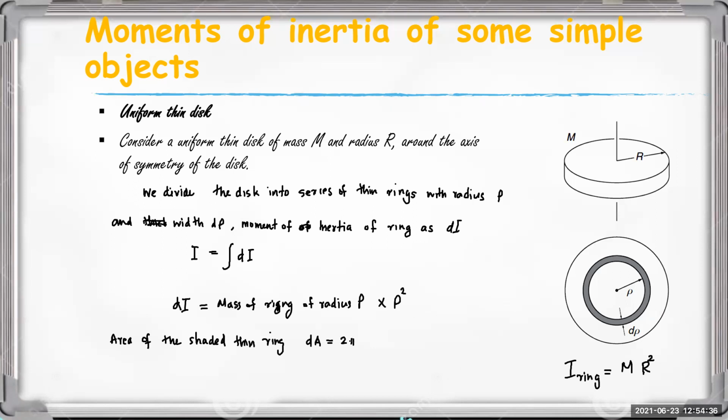Then area must be equal to 2 pi rho into d rho. So the area is obtained as dA is equal to 2 pi rho d rho.